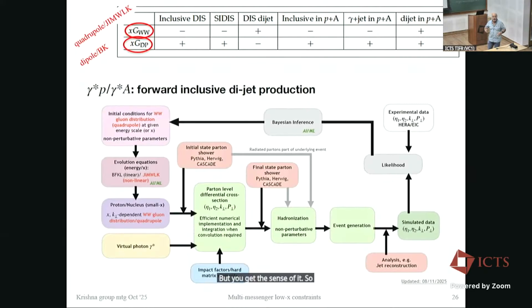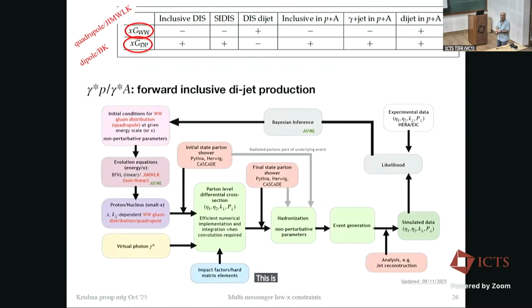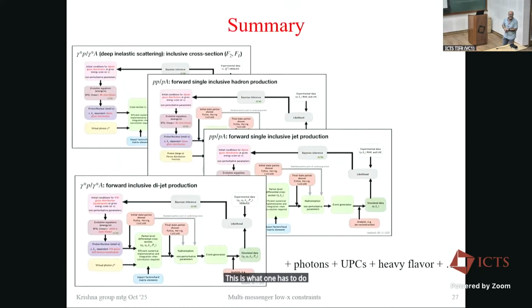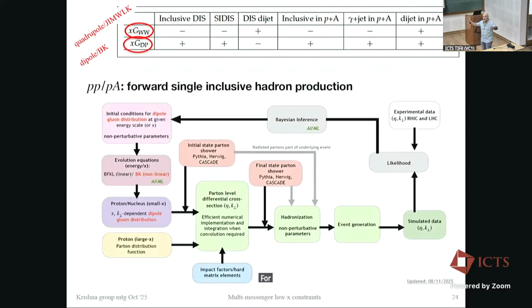So in order to carry out a comprehensive attack on low x physics, bringing together heterogeneous data from different colliders, RHIC, LHC, HERA, EIC, this is what one has to do. And that's kind of my message. So it's a very challenging program. I didn't stress here, let me just point out, machine learning comes in two places. Bayesian inference: I've already discussed how machine learning is important for inference, for an efficient navigation of the complex likelihood space in many parameters.